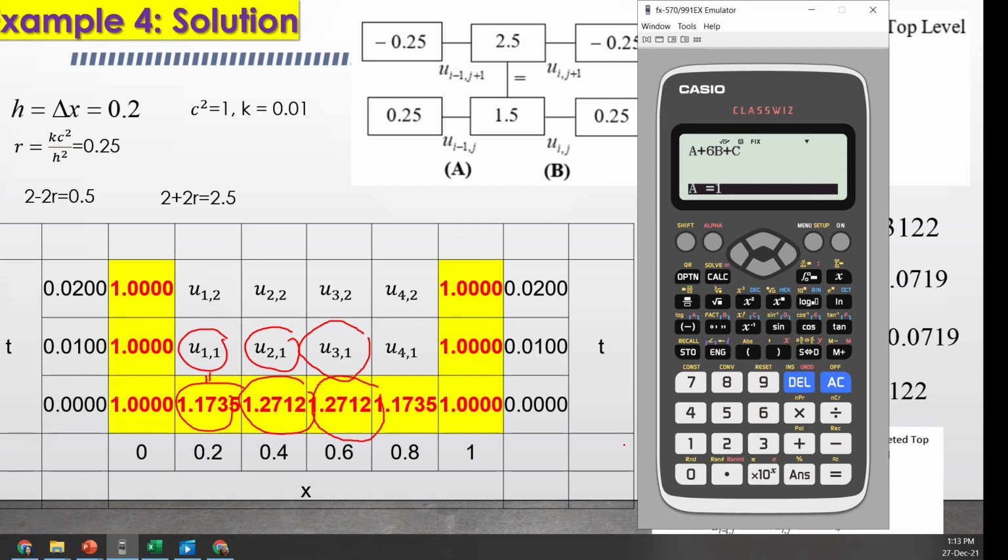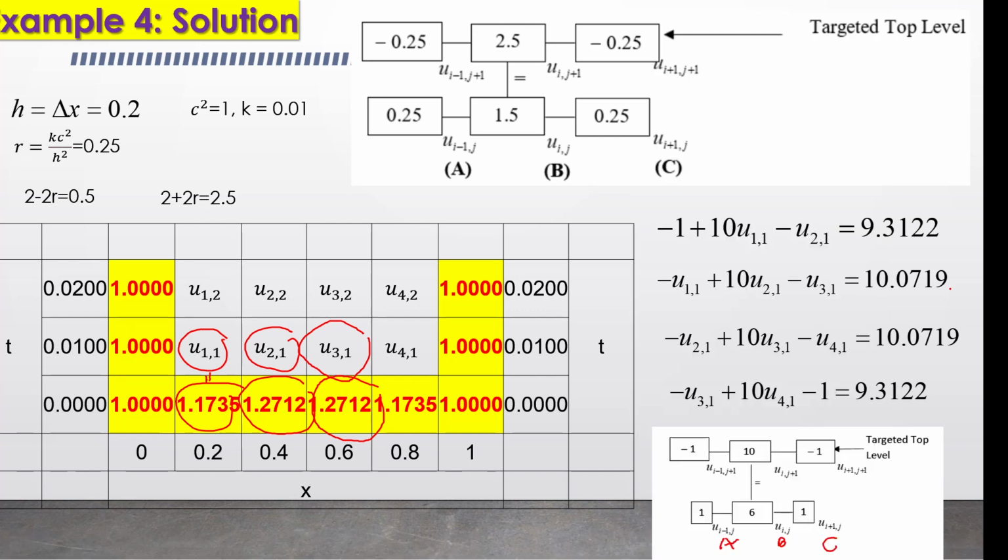Now A is 1.1735, B is 1.2712, C is 1.2712. So you obtain 10.0719.